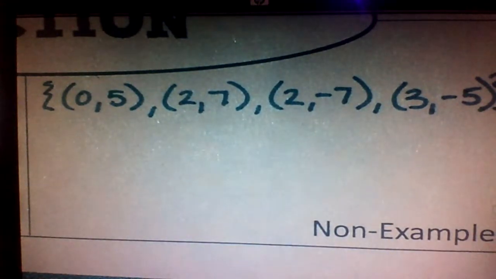There's my first non-example. Can you tell me why this is not a function? Because you've got a 2. Well, 2 is in a relationship with 7 and negative 7. 2 is a cheater. Shame on 2. Okay? So, because of this fact, this is a non-example.